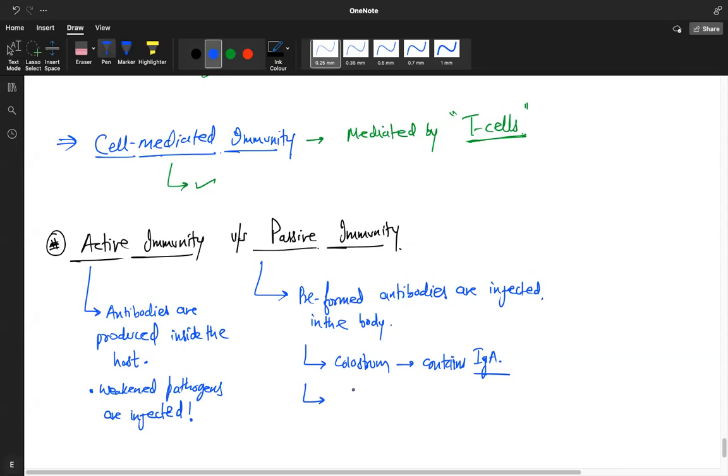So write down: the fetus also receives some antibodies through placenta from the mother. Okay. Now these two are examples of passive immunity.